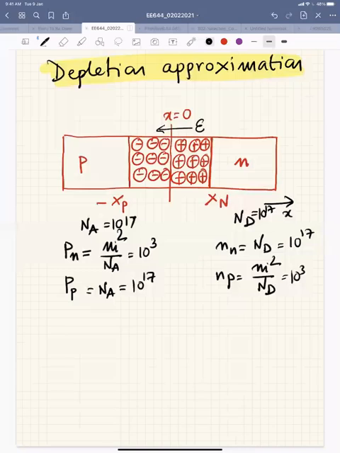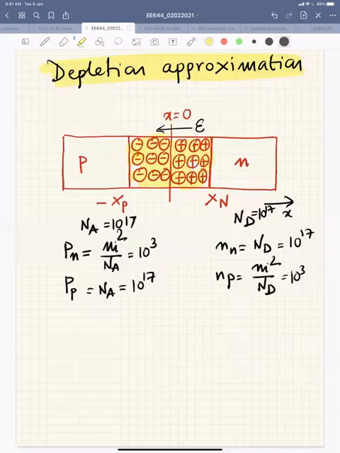If you go from left to right, you will see that the hole concentration is 10 to 17 on the p side, and on the n side it is 10 to 3. So it is going from 10 to 17 to 10 to 3, and that transition is happening in this region here, right?